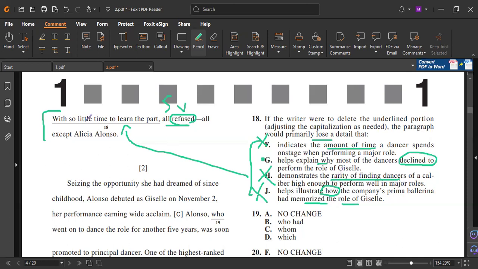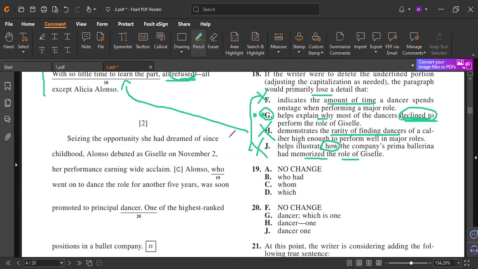Why? Because it takes so little time to learn the part. Feel it? They refused because there is little time to learn it. How can I take this role? So it explains. And the test maker is a gentleman in the ACT testing, by the way. He gives you the keywords that tell you it's already yes.